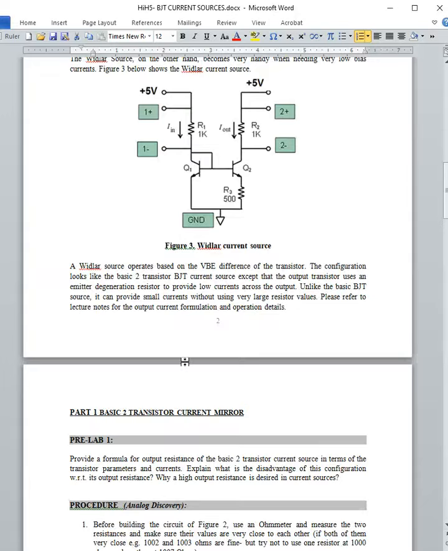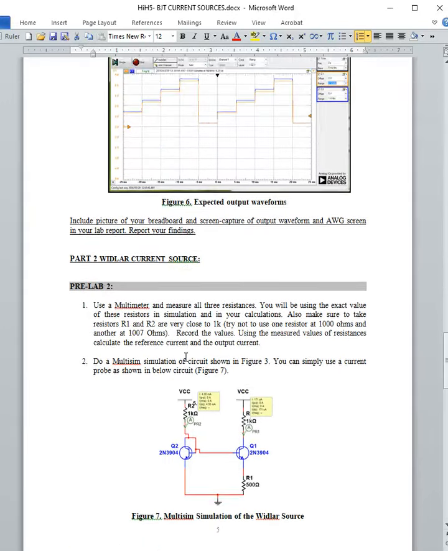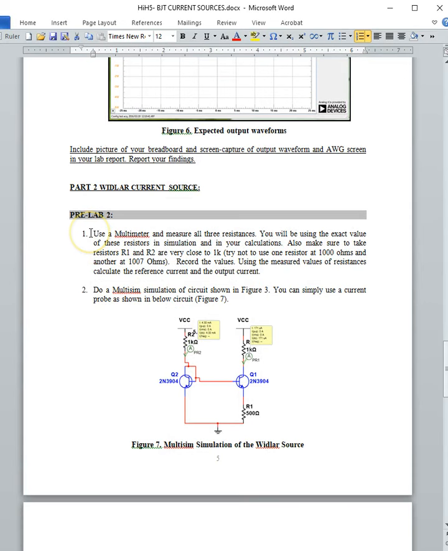Before we run this experiment, we have some pre-lab work that needs to be done. First of all, you need to do hand calculations. When you pick the resistors for your experiment, make sure to measure them and try to pick values that are very close to each other.